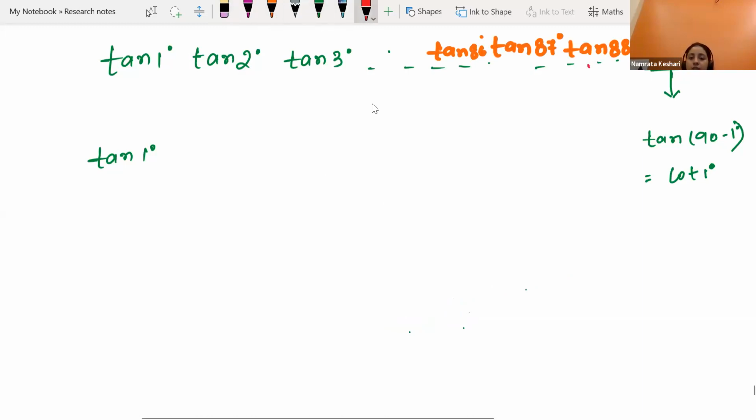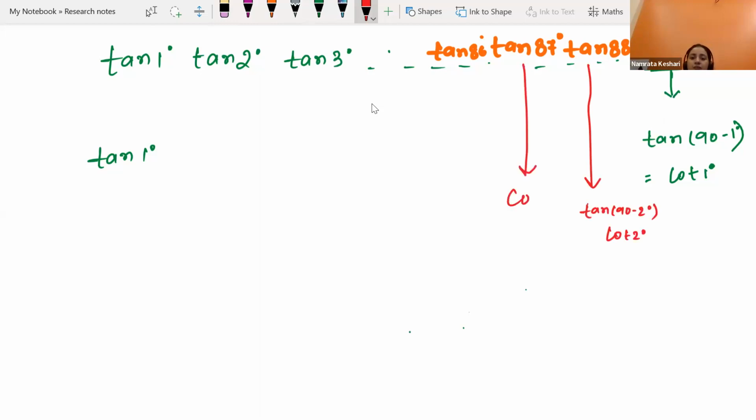This 88, we can write it as tan of 90 minus 2. Yes or no? That means cot 2 degree. This one can be written as cot 3 degree. This one can be written as cot 4 degree.